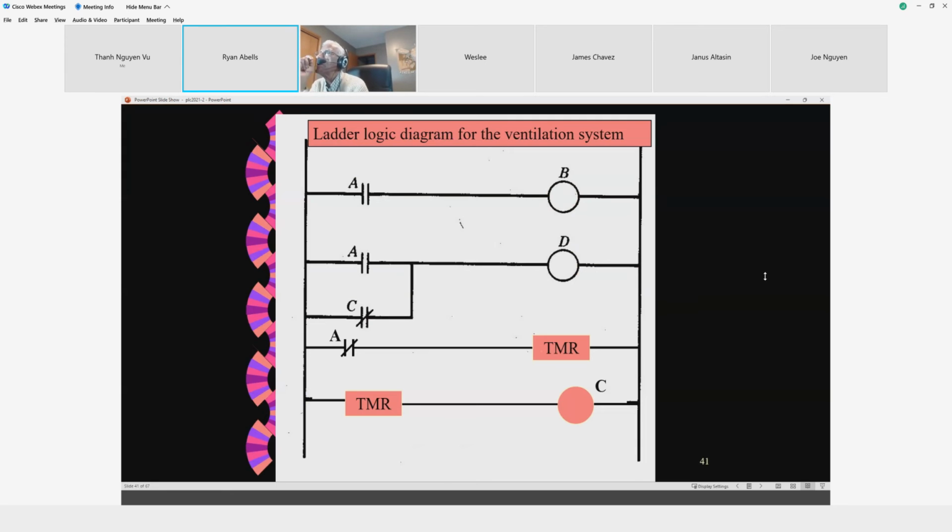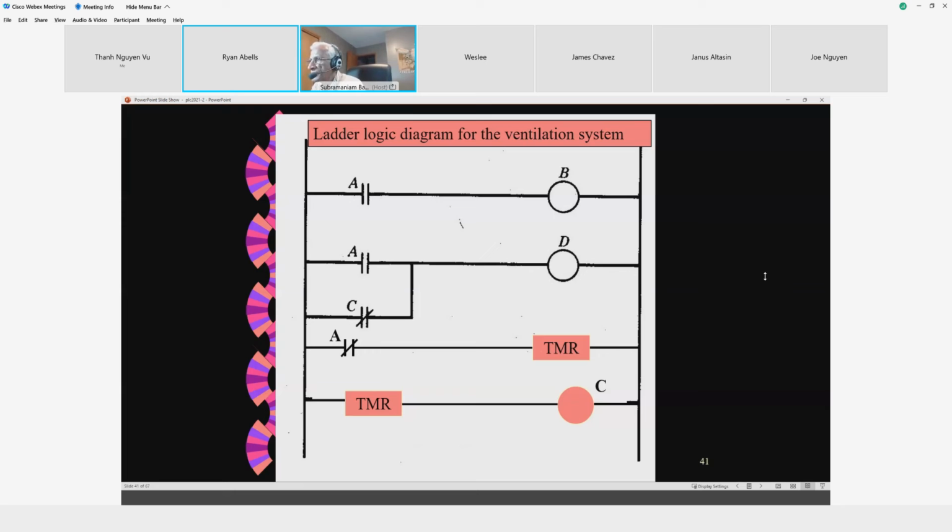Okay. A is true. D is on. A or not C true. D is on. Let's say A is true. C is not true. Timer has not expired.